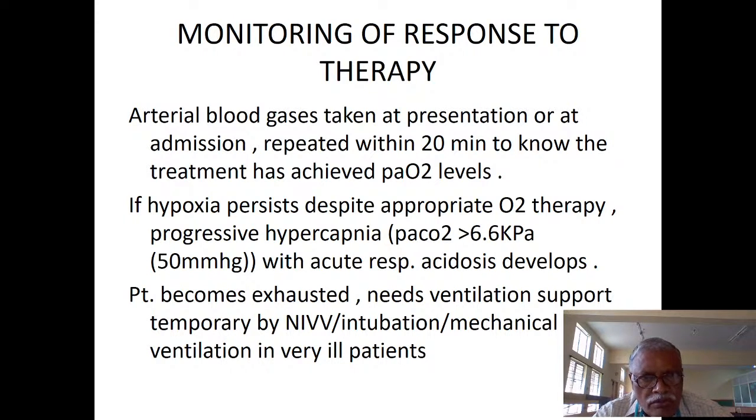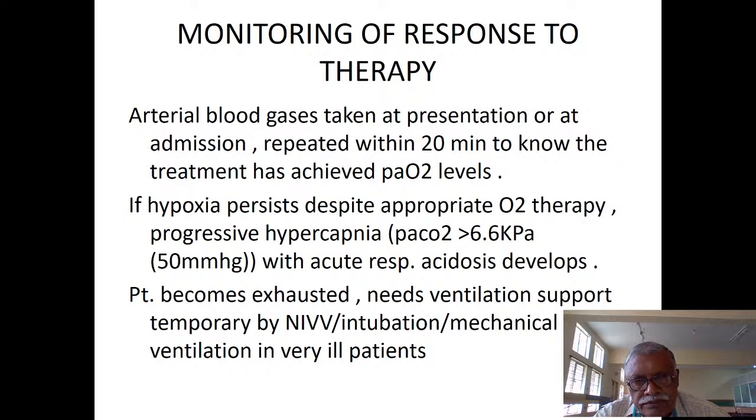That one should be monitored, to know whether the oxygen levels and the carbon dioxide levels in the blood are coming to normal or not.